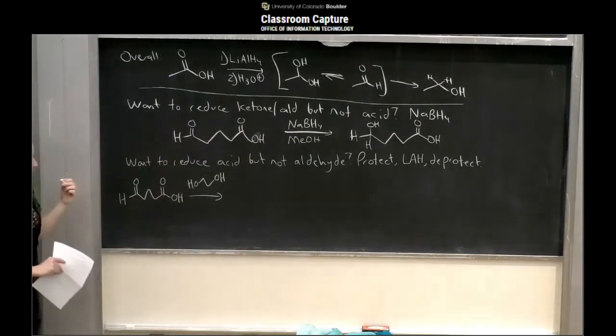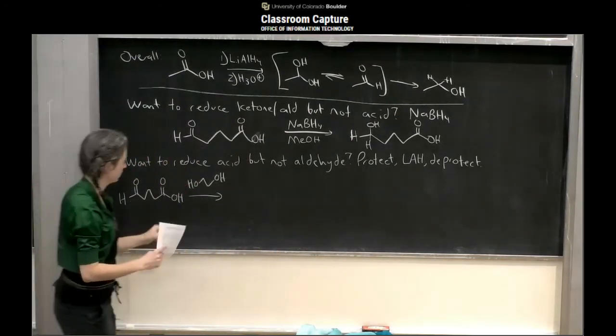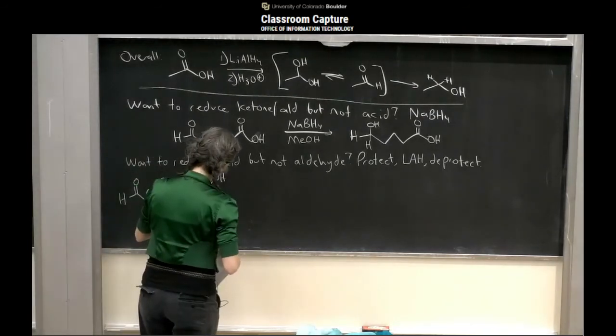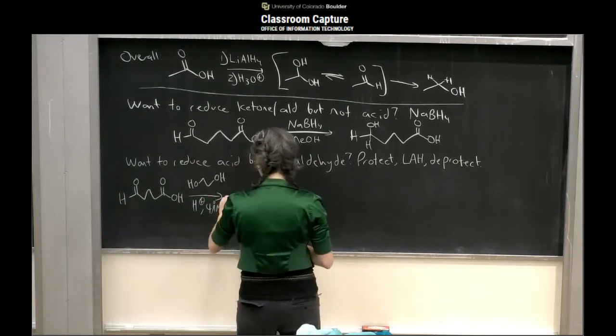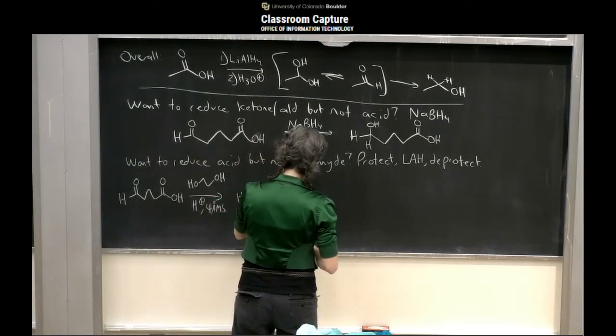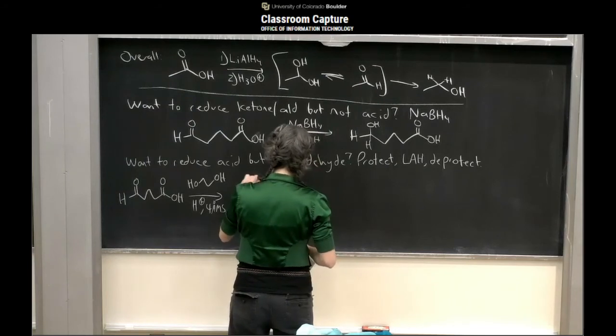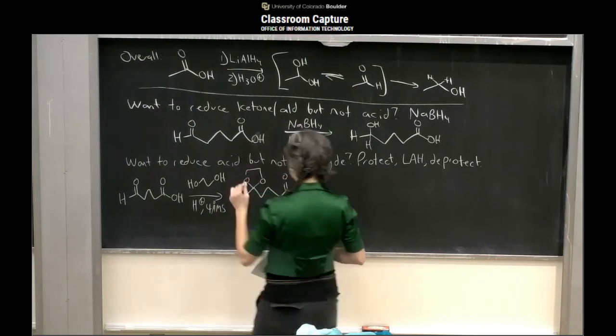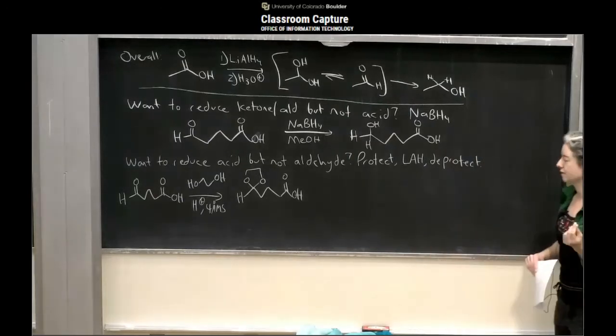I'm sticking with cyclic acetals because that's kind of the most useful way to do it. So when we protect, only the aldehyde gets changed. Carboxylic acid stays as is.